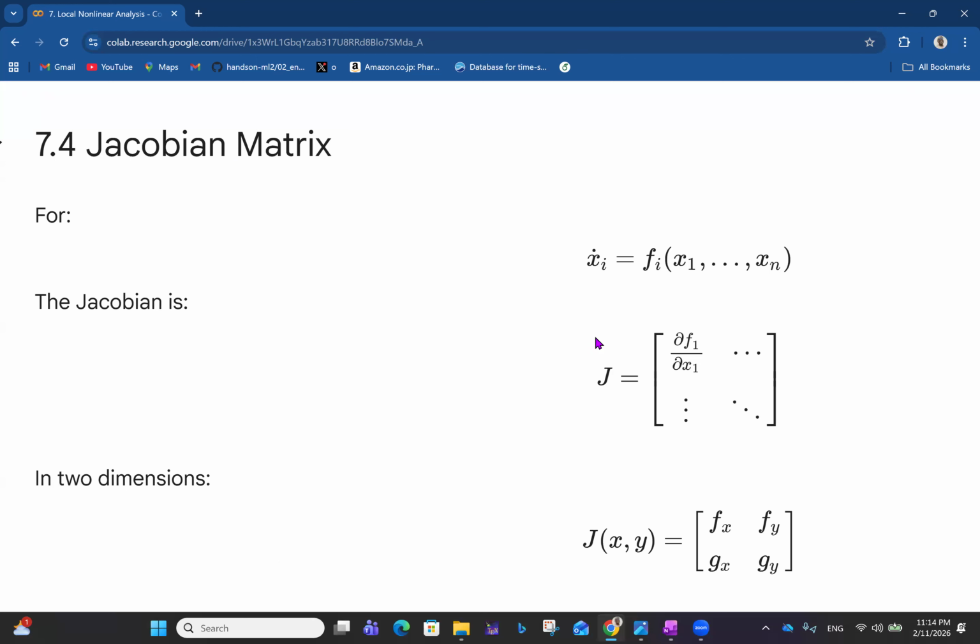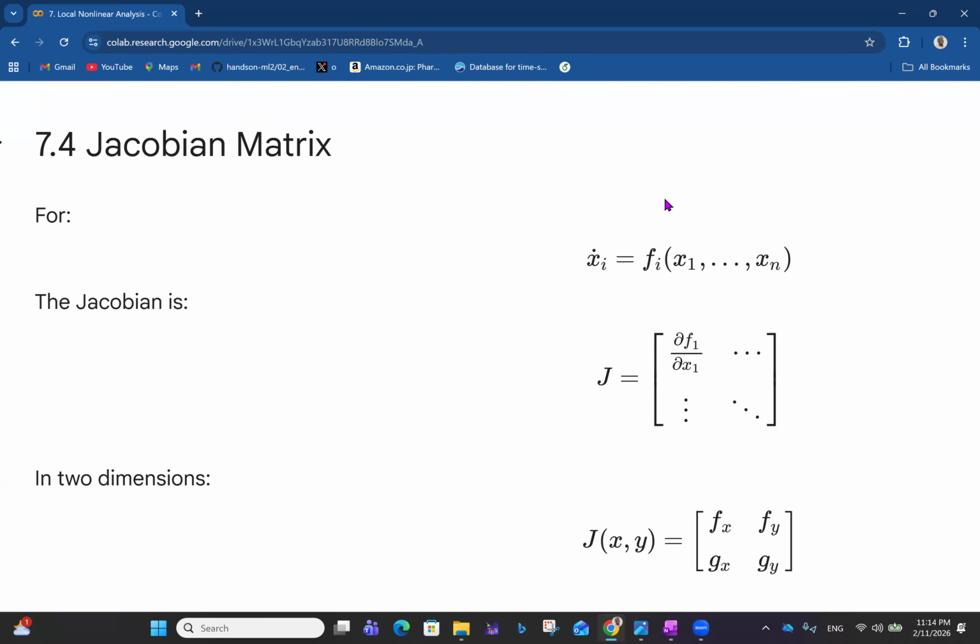And one key way we linearize is by using the Jacobian matrix. So for x i dot, which is equal to f i of x1 up to xn, that is for systems like that. Maybe you have x dot equals f of something, y dot equals something, z dot equals something, and all that.